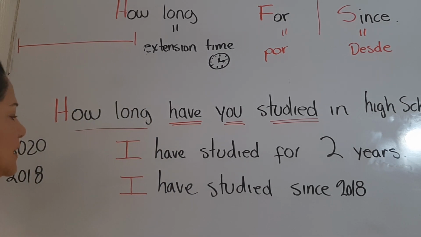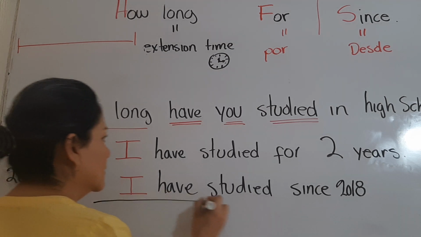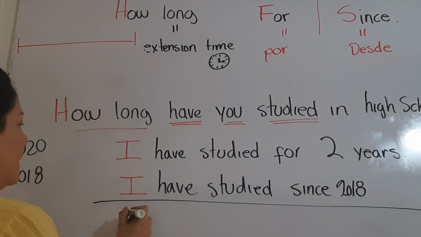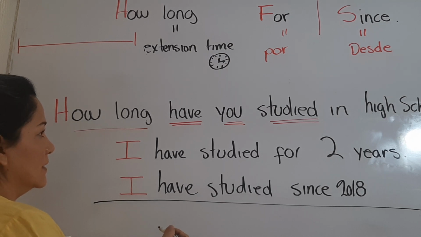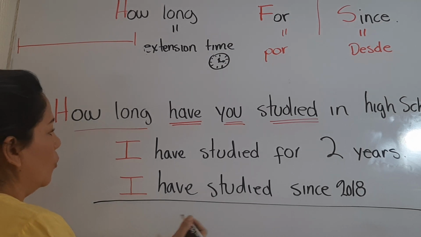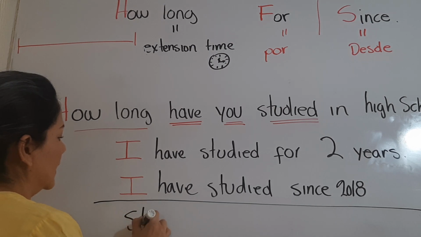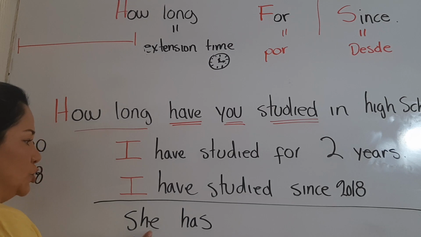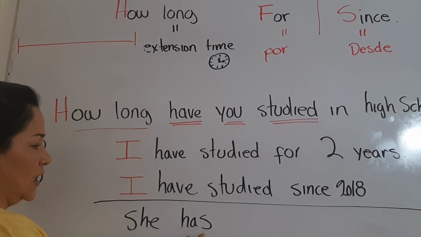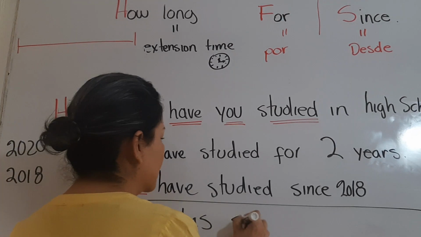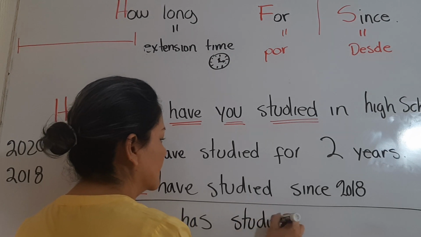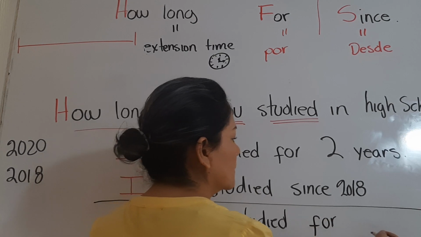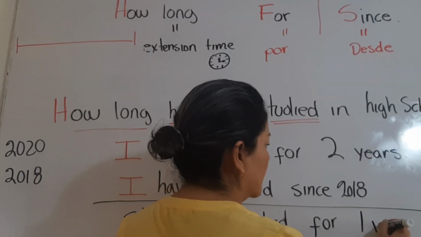Now, what happens if the person answers that, let's see if the sentence is a woman. You may say, she has. Remember, when we refer to she, I must change to has. She has studied for 1 year.